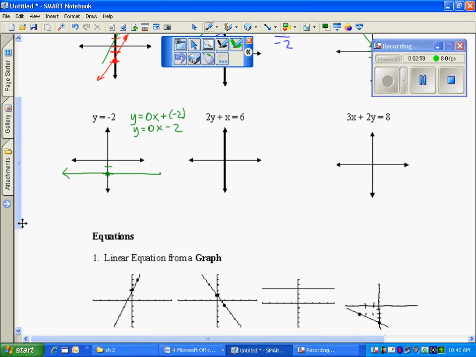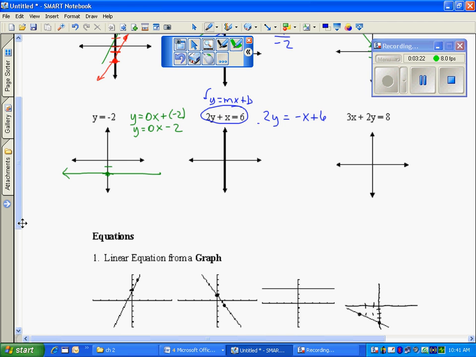The next line is not of the correct form, so I need to take this equation and rewrite it in the form y equals mx plus b. The first operation here is to move that x to the other side. It's starting to look close. My coefficient on y, the number in front, needs to be a 1.